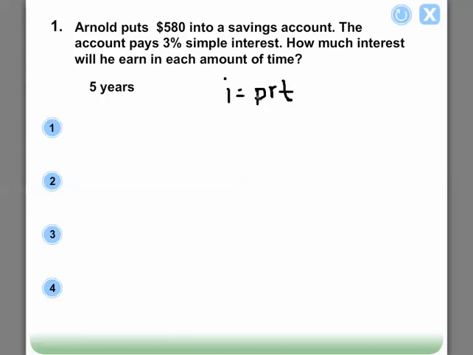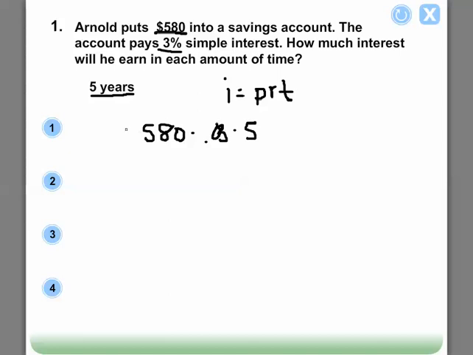Principal, we said, is the amount of money, so we have $580. The rate we said is the percent, but we're going to turn it into a decimal, so 3% turned into a decimal is 0.03. For T, we want time in years, so they gave us 5 years.